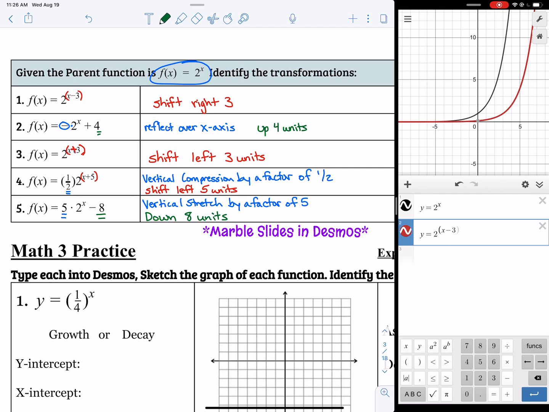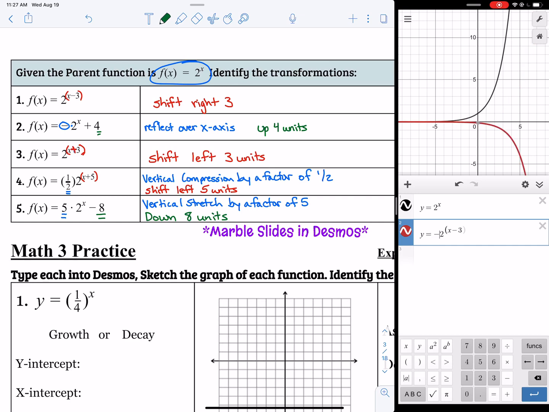And if you notice, you can easily take a look at the graph and see that from that parent function that was in black to the new function in red, it did shift right 3, which is what we put for number 1.